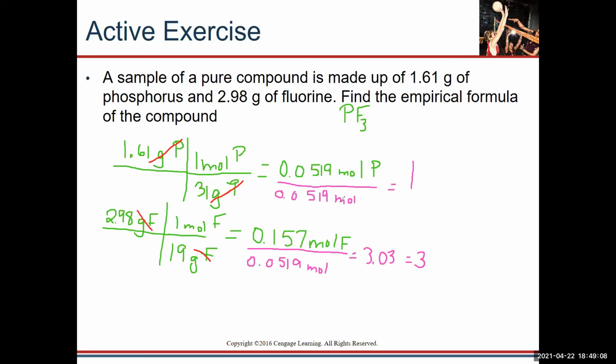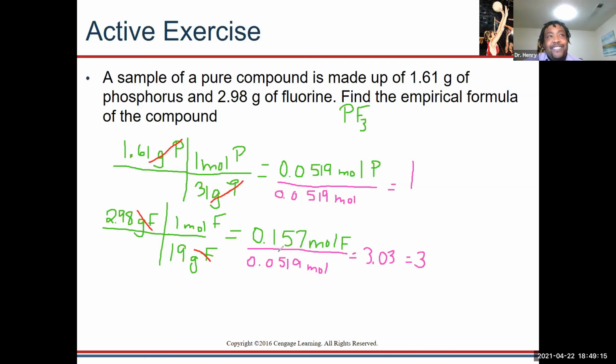Okay. And why do we divide by 0.0519 for both instead of 0.157 for both? Because 0.157 is a higher number, and you want to set it up so that you have the right ratio. If you divide by the 0.157, then you're going to have a half or a third of something, because you're not going to end up with a whole number, and that doesn't make sense, does it?